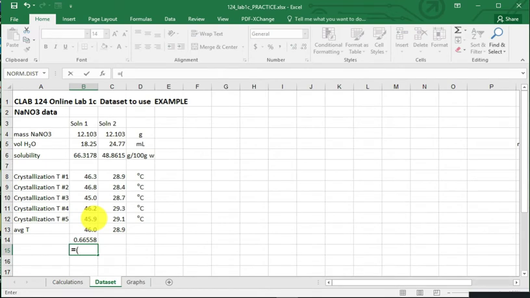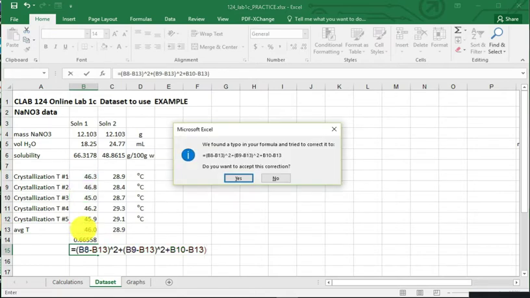Equals this minus this squared plus this minus this squared plus this minus this. Whoops, I forgot the parentheses.